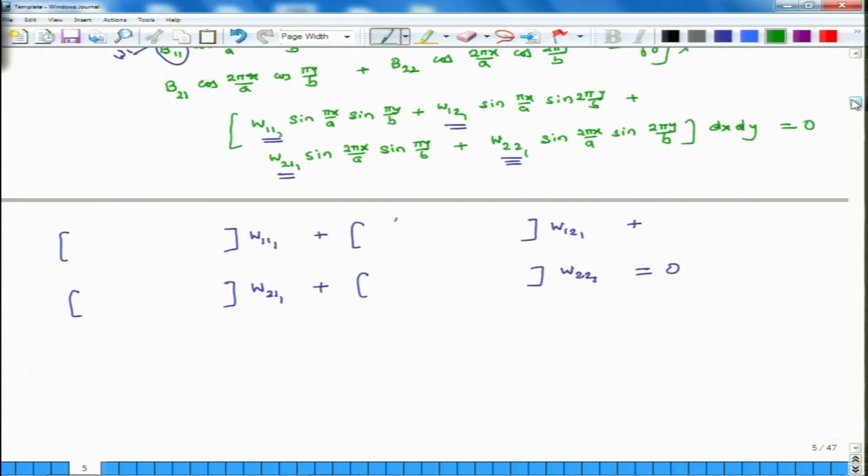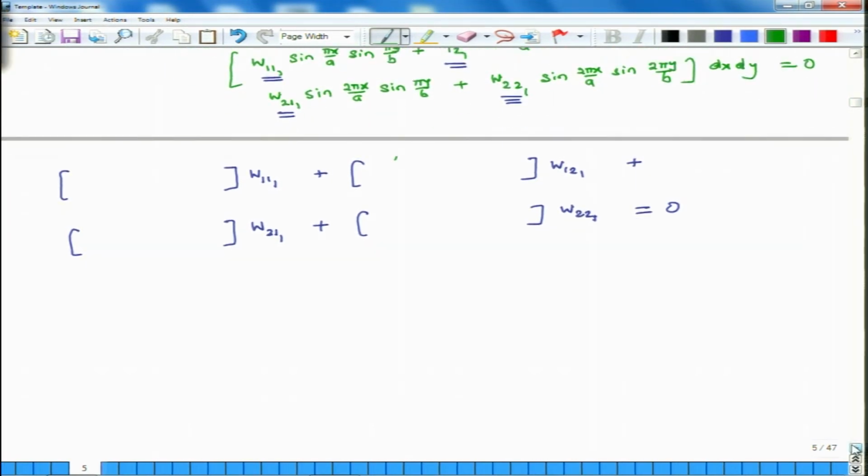Now, if this entire expression has to be 0, we will say that this is T1, this is T2, this is T3 and this is T4.